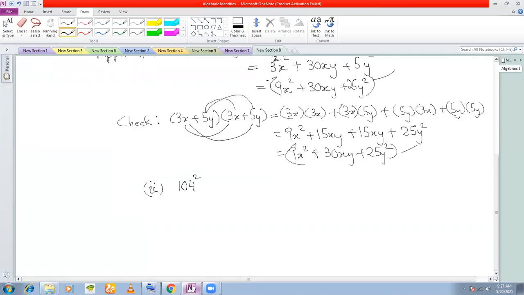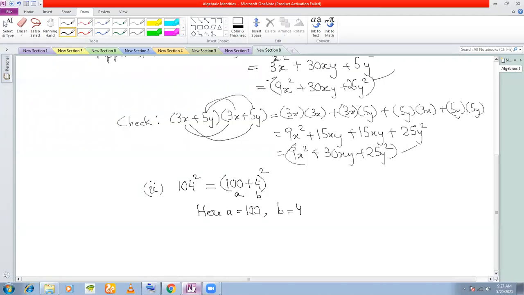You can multiply 104 into 104, or you can also use (a plus b) whole square. How do you use? You break this up as 100 plus 4. This becomes (100 plus 4) whole square. Now you see this is your A and this is your B. So what is A here? A here is 100, right?